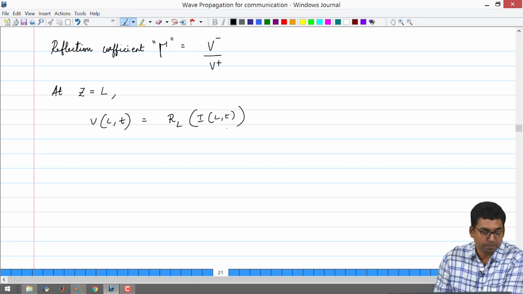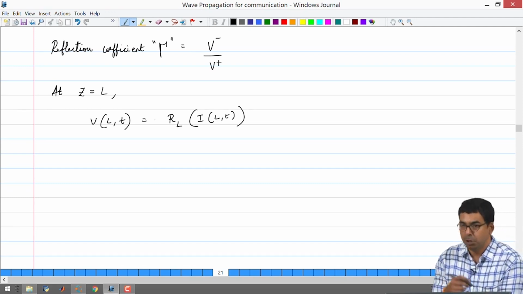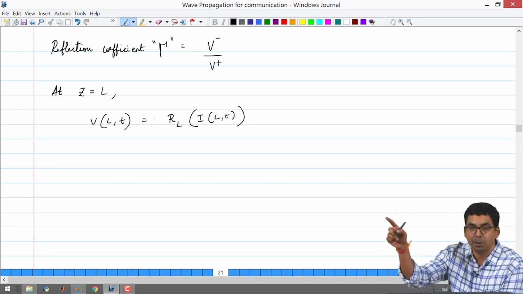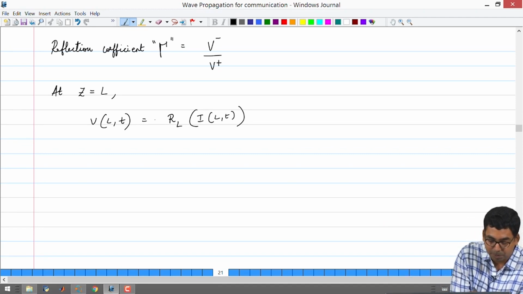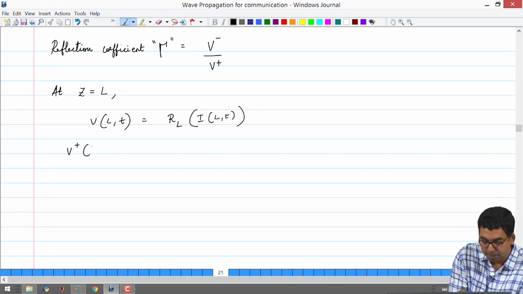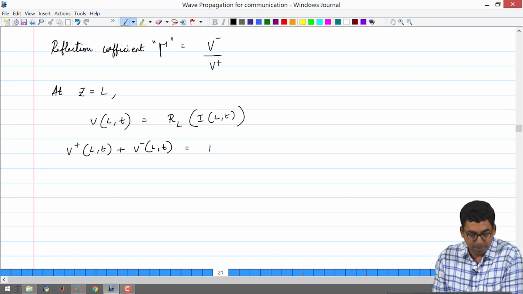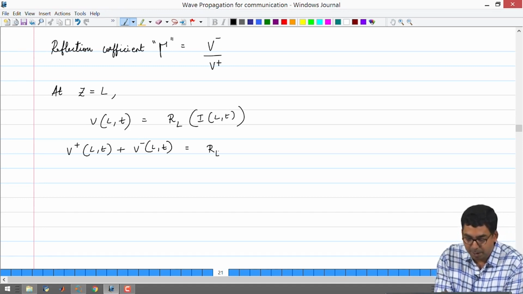We can write the expansion for the voltage at that position. You will have a forward voltage V plus and a backward voltage V minus. So, the left hand side has to be written as a superposition, V plus of L comma T plus V minus of L comma T, is going to be equal to RL times the expression for I of L comma T.